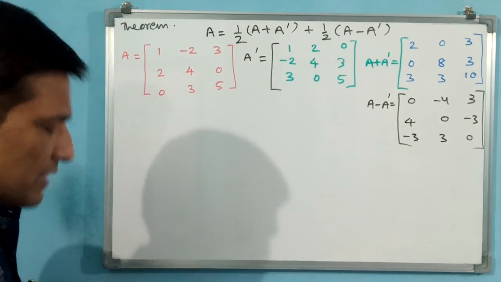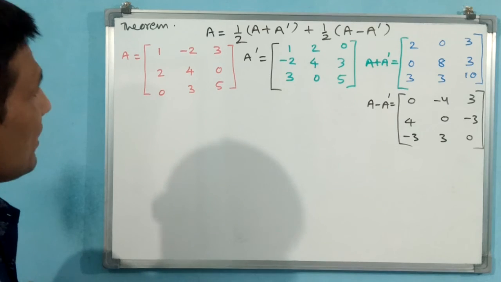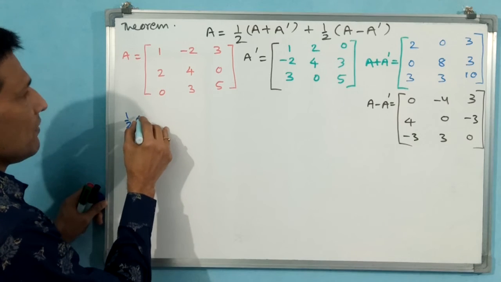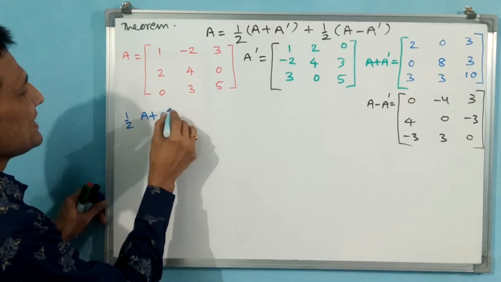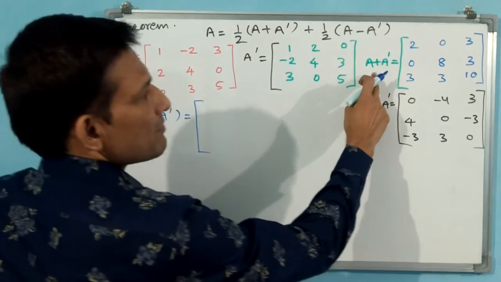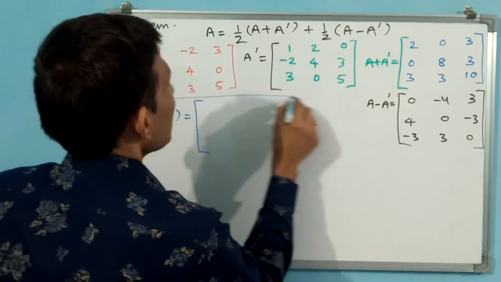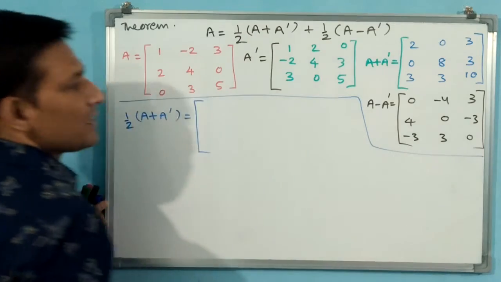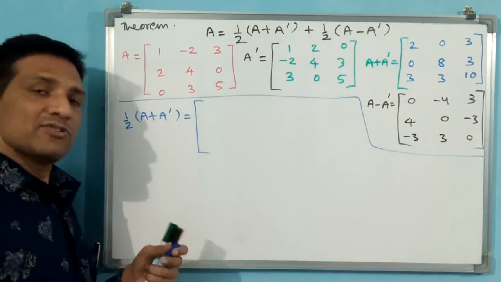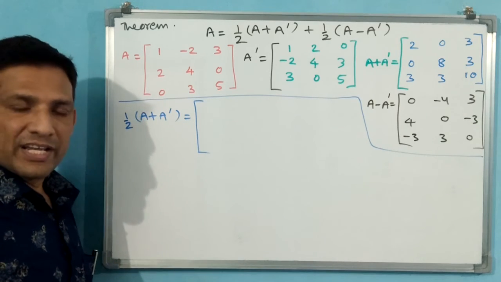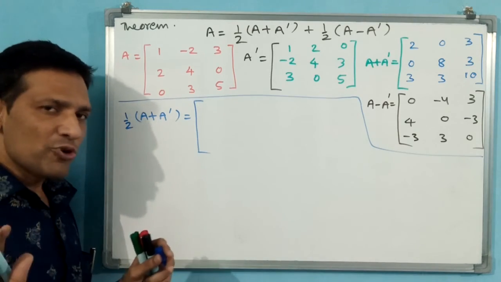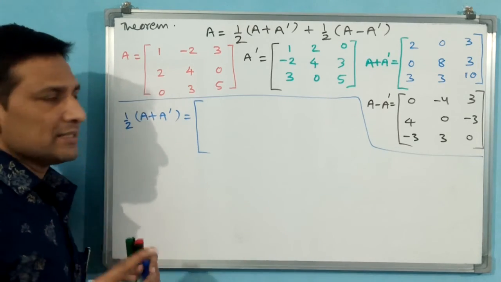I am doing here, you see how I am doing. 1 by 2 A plus A transpose. See, K into A dash is equal to K A whole dash, both are same. That is why even if you multiply with a scalar, that is not going to change that property. You have seen already.